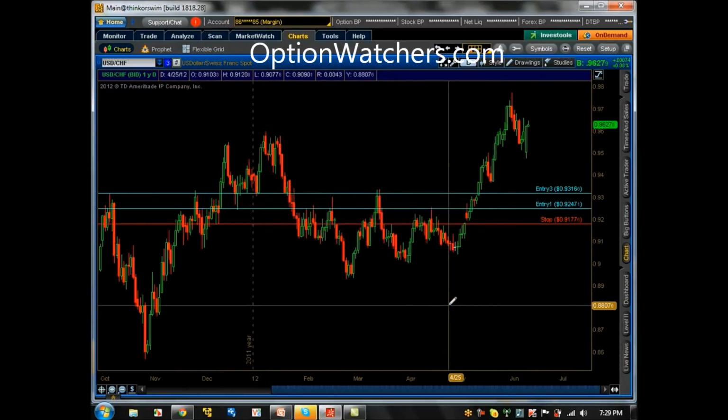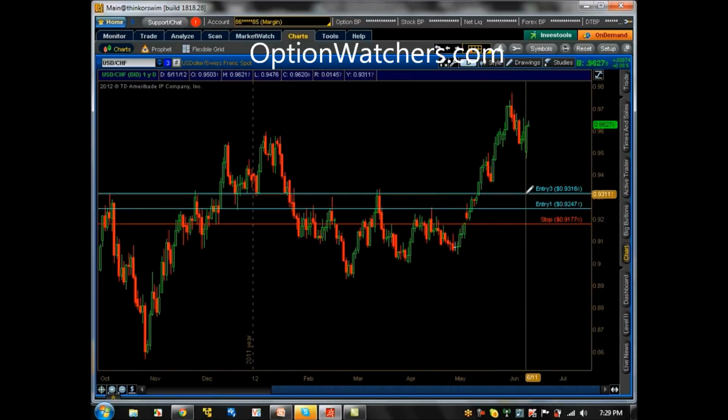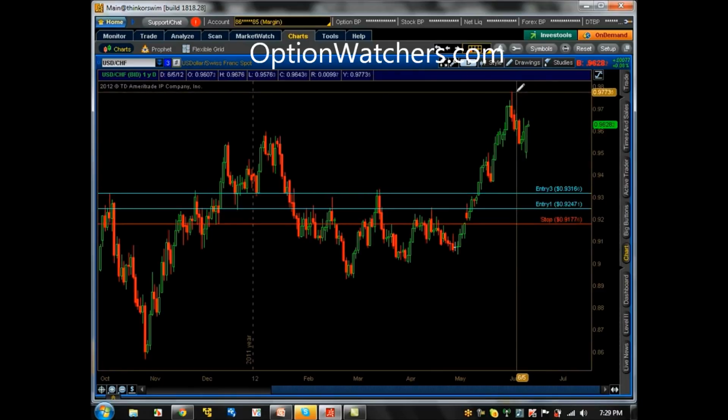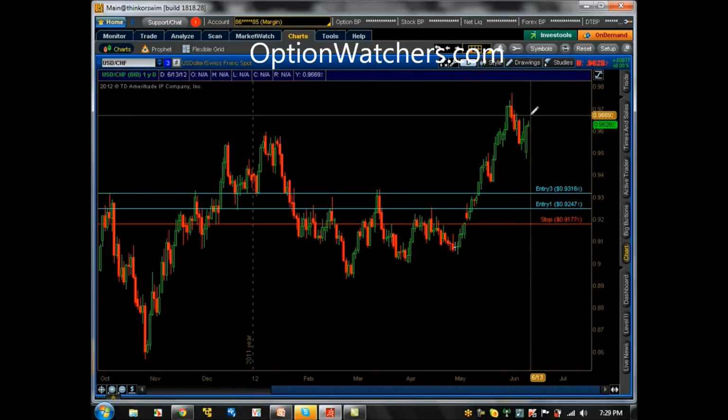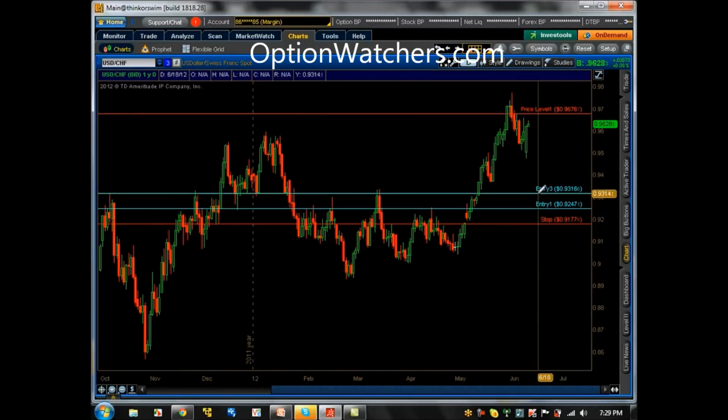Right? Now, if I enter here on entry 3 and my stop is there, what's my profit level? It's good. The 100%'s right there, right? The 88's probably there, right? So between here and here, that's my reward, and my risk is that much.